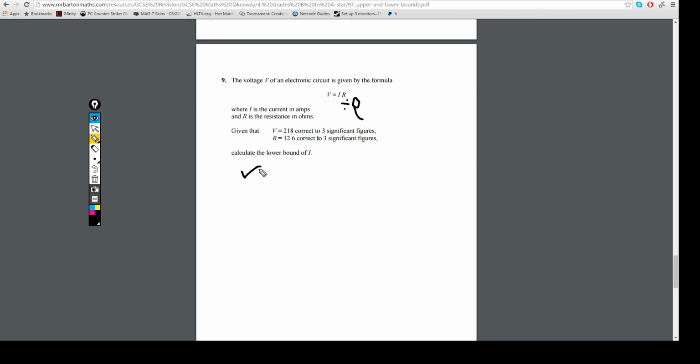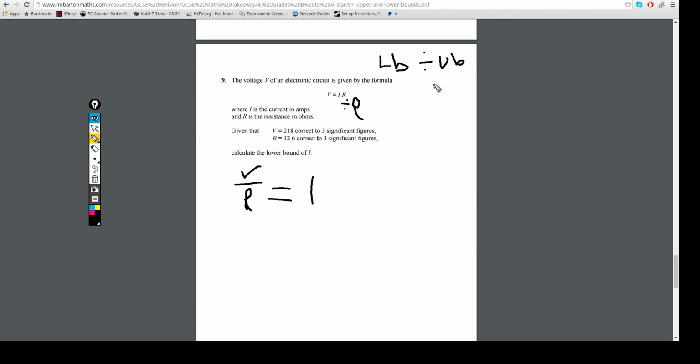Okay, so it'll be V over R. This is basic rearranging of formulas, and this equals I, okay? Now you fill this in. We're going to be doing division, as I say, and we're finding the lower bound, so it's going to be LB divided by UB. Lower bound divided by the upper bound.